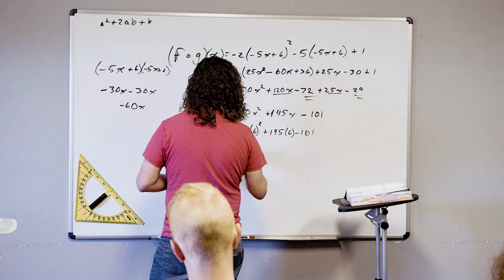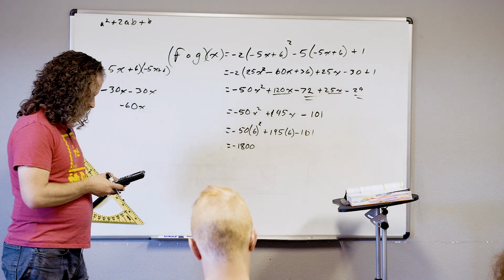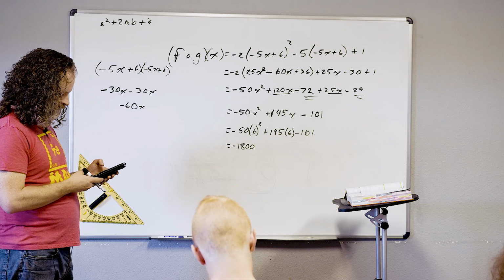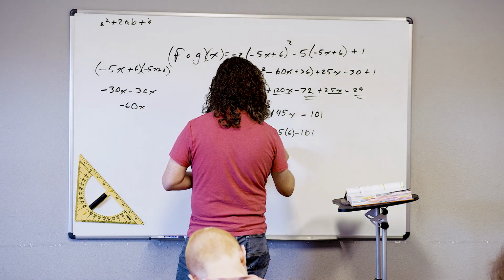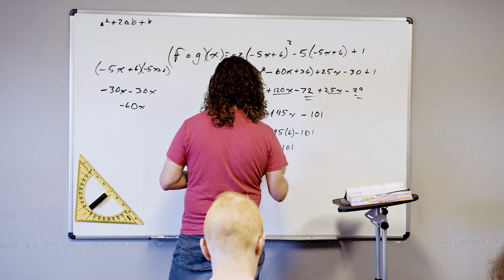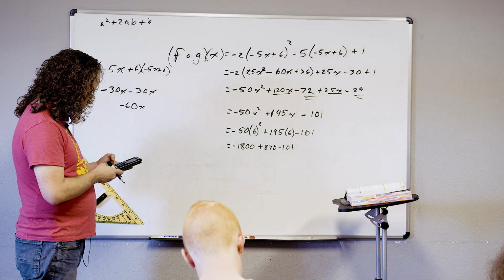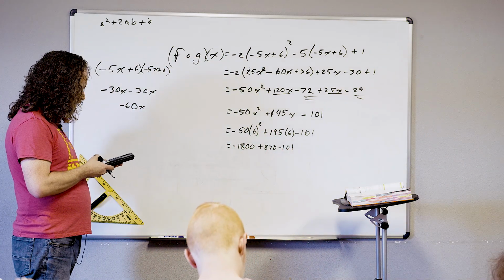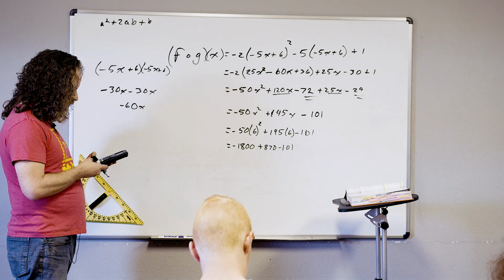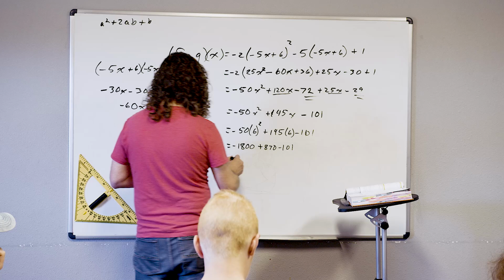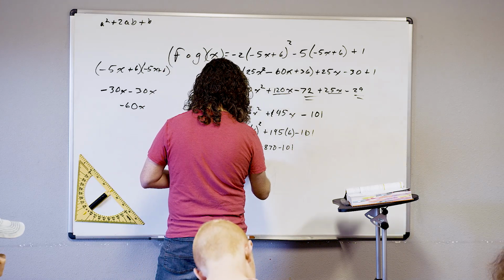If y'all discover that I've done it wrong, just holler. 145 times 6 is 870, minus 101. And then all of those things, negative 1800 plus 870 minus 101 is negative 1031.